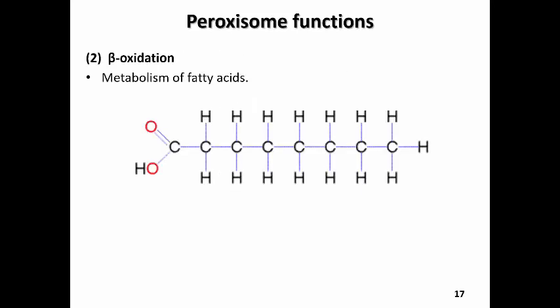A second function of the peroxisome is that it contributes to what's called beta oxidation. Beta oxidation is a term that refers to a complex pathway of metabolic steps to break up fatty acids. And so what we're looking at here on this slide is a saturated short chain fatty acid.